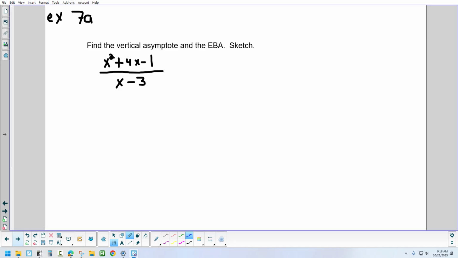What does a degree 1 polynomial look like? Yeah? It's a line. What kind of line? Straight one. All lines are straight. But what kind of line is this one going to be? Yeah? Linear. It is linear, yes. All linear would mean it's a linear function.